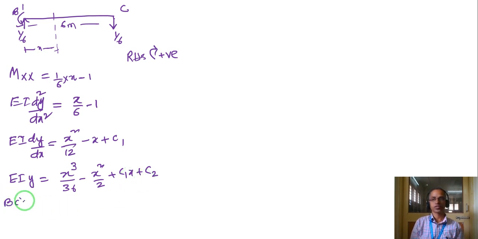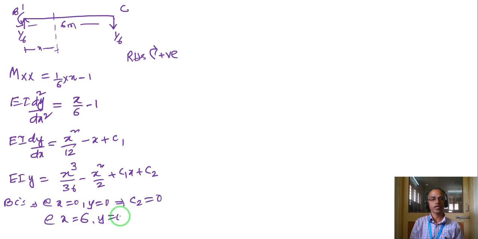Applying the boundary conditions, at x equal to 0, y equal to 0, because B has a support, then C2 will be equal to 0. Second, at x equal to 6 meter, y again 0 because there is a support C, C1 equal to 2.